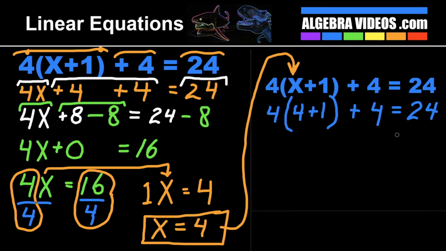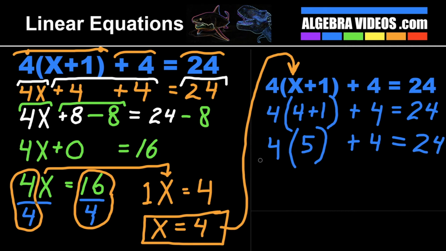Now simplifying on the left side, of course we're going to do what's in the parentheses first, because that's the order of operations. So I'll just rewrite this first 4, and then in the parentheses, 4 plus 1 simplifies to be a 5. So that's what's going to go inside the parentheses. And then plus 4, I'm just rewriting the rest of the equation without any changes. And 24 on the right side.